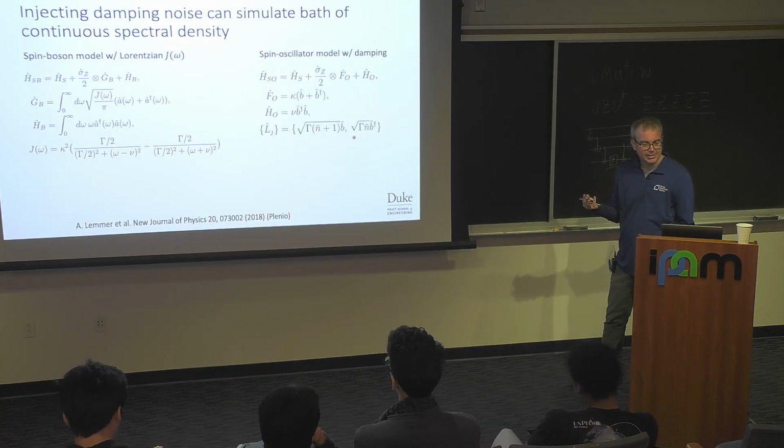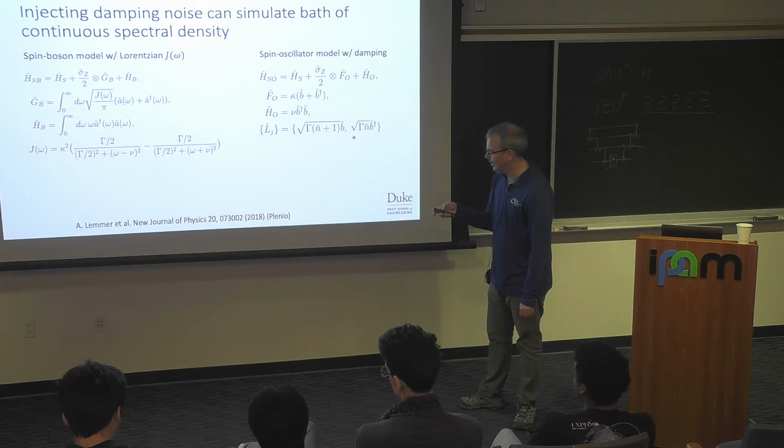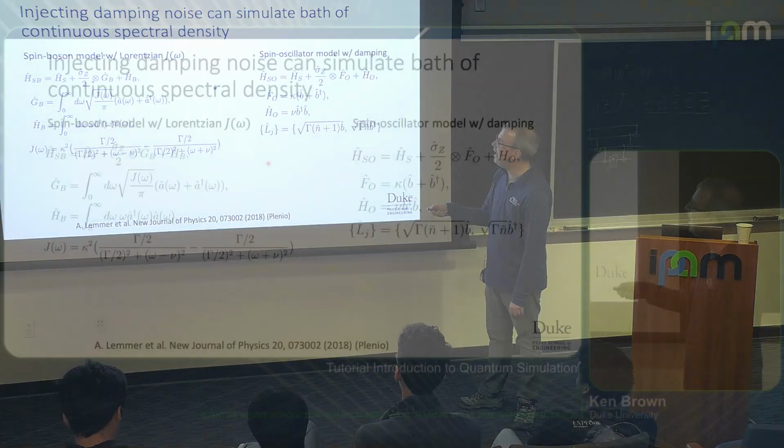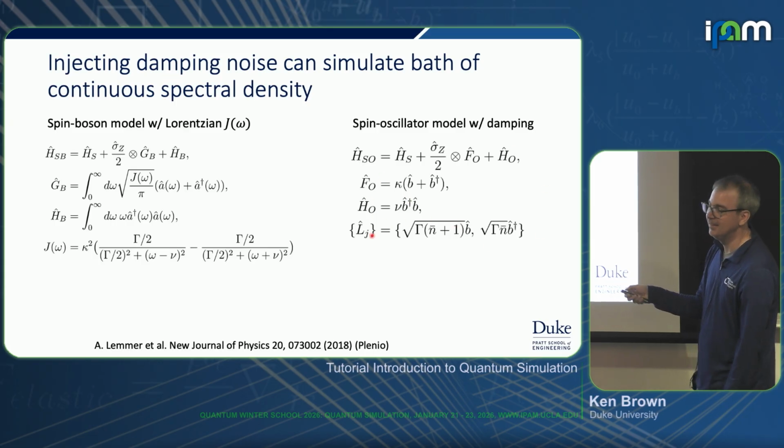So there's a really nice theoretical result from Martin Plenio's group, which says, and it's kind of remarkable, that if I have Gaussian states, so like thermal states or the ground state, this model, which has an infinite number of bosonic modes, I can fake with one dissipative oscillator.